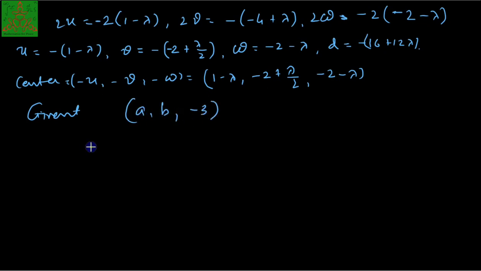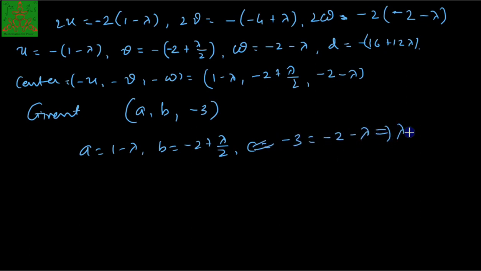So a is 1 minus lambda, b is minus 2 plus lambda by 2, and c, that is minus 3, equals minus 2 minus lambda. So this implies lambda will be 1. If lambda is 1, substituting here, a is 0 and b will be minus 2 plus 1 by 2, that is minus 3 by 2. So the value of a is 0, b is minus 3 by 2.